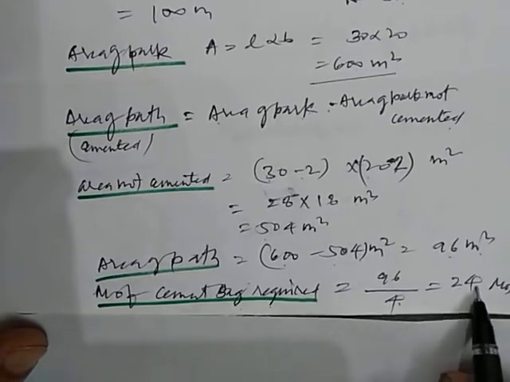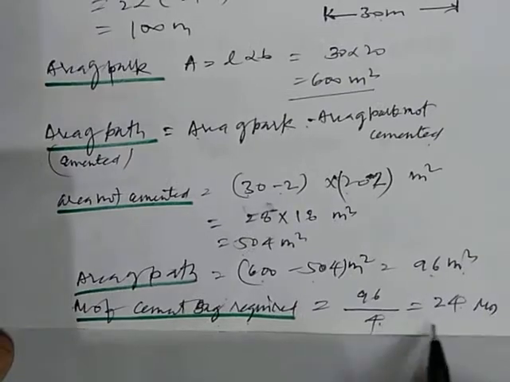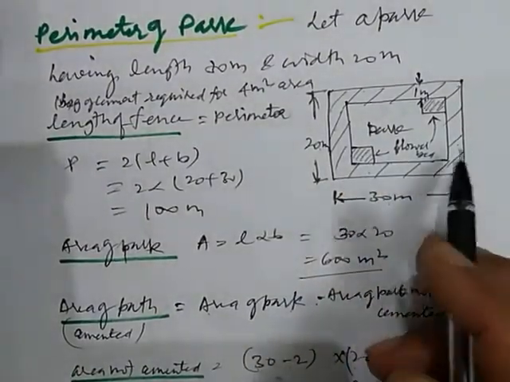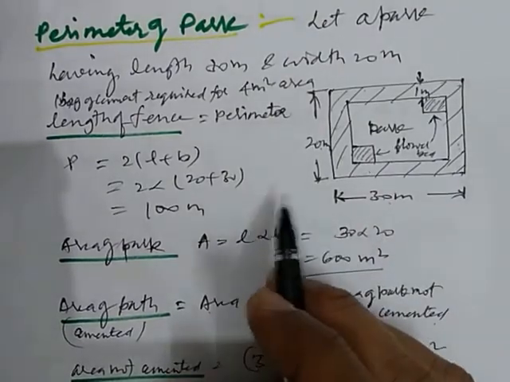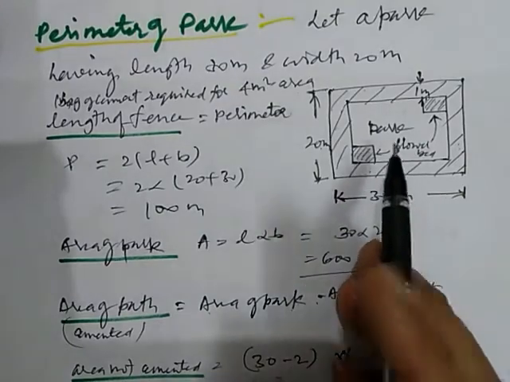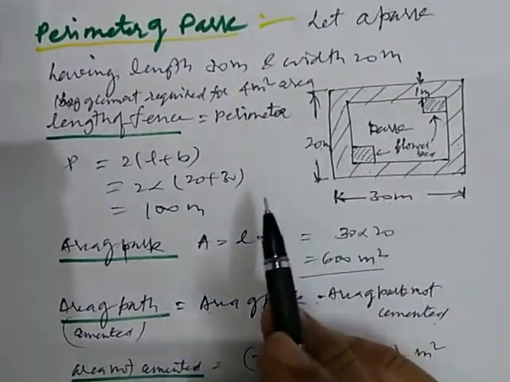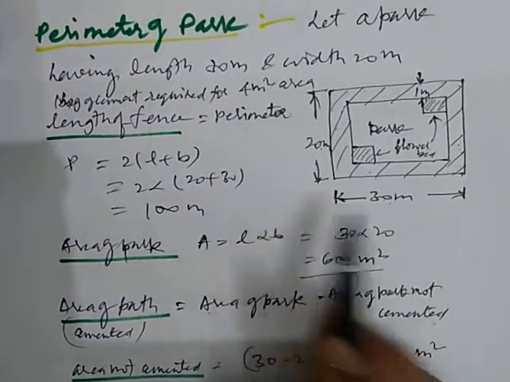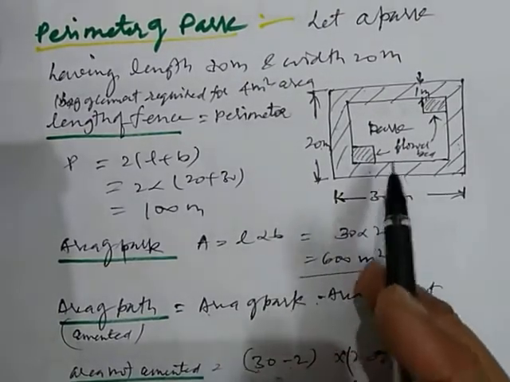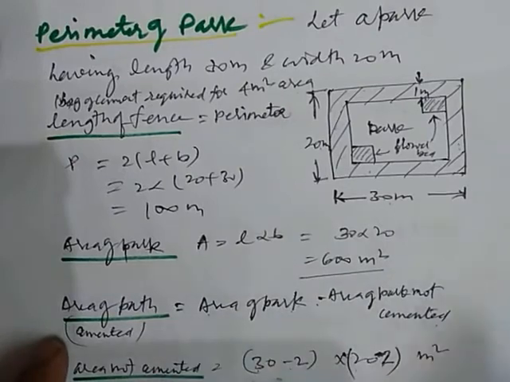So 24 bags are required for cementing this path. This type of problem covers all such problems related to your exercise. So solve your exercise questions on the basis of this. Okay.